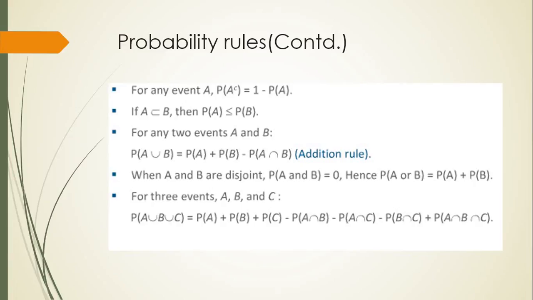Hence, the probability of A or B is equal to the probability of A plus the probability of B. The last rule is for three events, A, B and C. The probability of A union B union C is equal to the probability of A plus the probability of B plus the probability of C, minus the probability of A intersection B, minus the probability of A intersection C and B intersection C, plus the probability of A intersection B intersection C. These are very important rules of probability that you need to understand and remember for further processing.